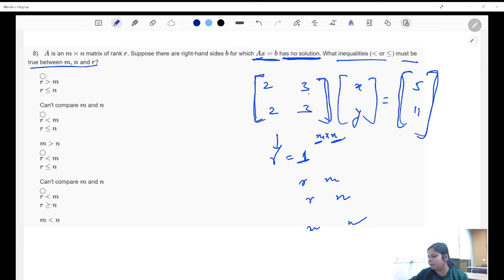So what do you think should be the answer? This is just an example case 2, 3, 1 which I took. But what do you think should be the answer to this question? This sort of matrix that would be involved in this question will be of this type only.